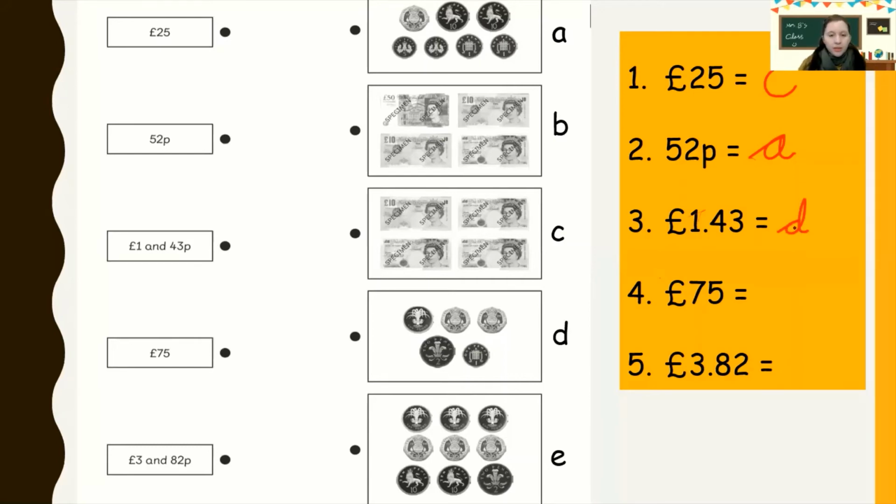Okay, let's look at this one, £75. Now you might be clever enough to know that it's not going to be that one, it's going to be this one, but let's check anyway.